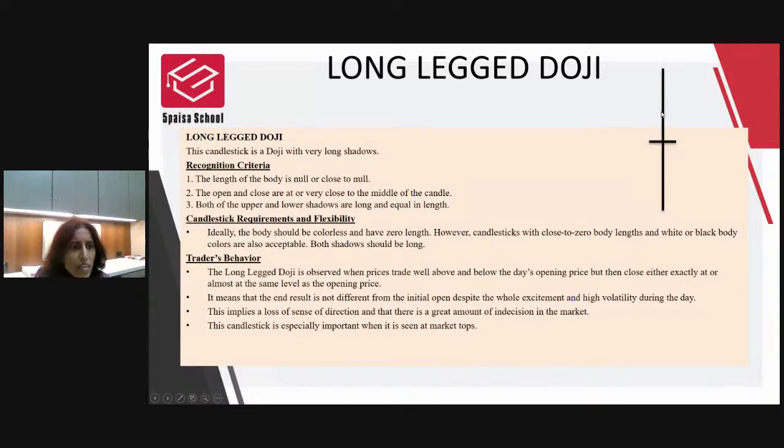And as you can see over here, both the upper and lower shadows are long and equal, and you can also see that the closing and opening price happen to be one and the same, right? The trader's behavior reflected from a long-legged doji is observed when prices trade well above and below the day's opening price, but then close either exactly at or almost at the same level as the opening price.